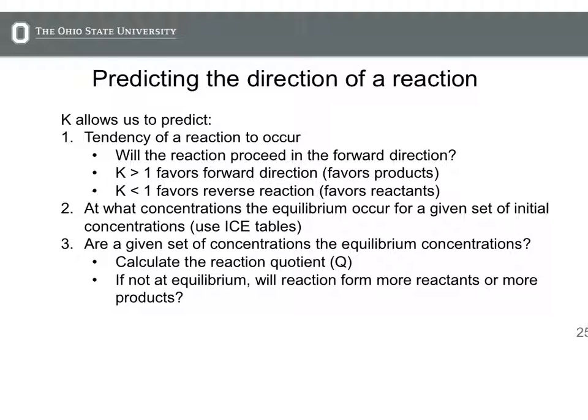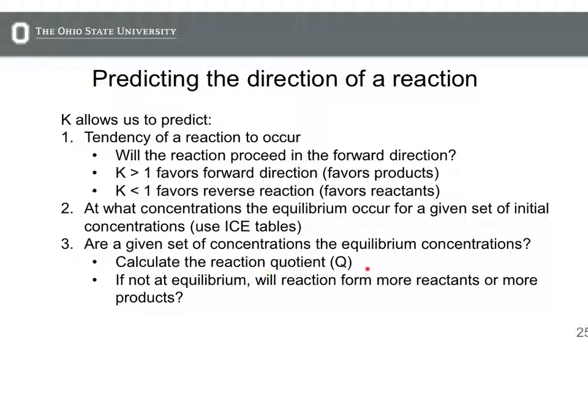And our equilibrium constant will also allow us to predict concentrations at equilibrium for various reactants and products, given initial concentrations. And again, that's by using the ICE tables, so we've seen a little bit of that up to this point. The thing that we haven't seen yet, that we're going to get to next, is if we have a given set of concentrations for reactants and products, is the reaction at equilibrium.